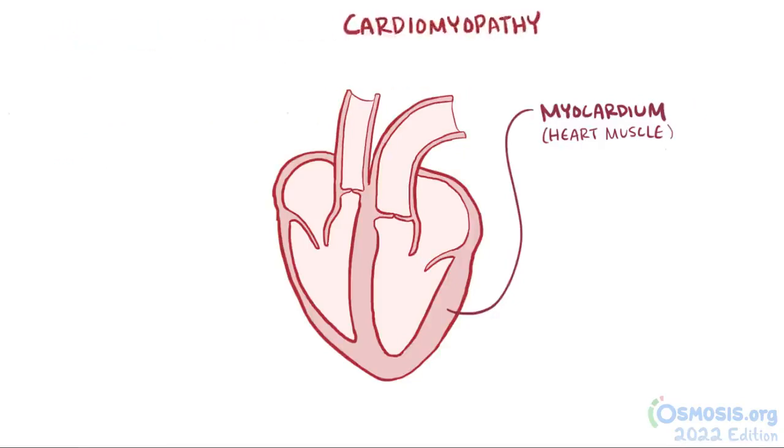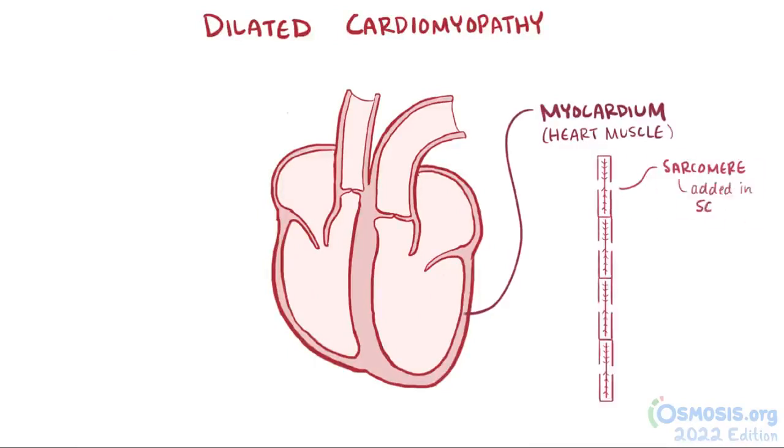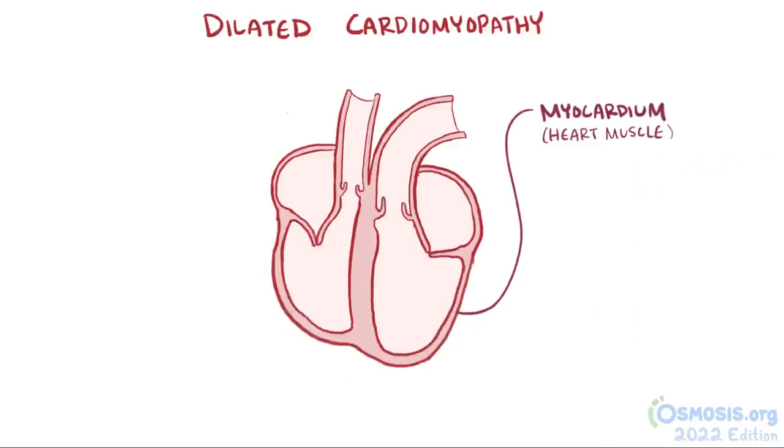Now, the most common type is dilated cardiomyopathy, which can cause all four chambers of the heart to dilate, or get bigger. Specifically, new sarcomeres or muscle units in the walls are added in series, and the chambers grow larger, which leaves the walls relatively thin compared to the large chamber size, with less muscle to use for contraction.